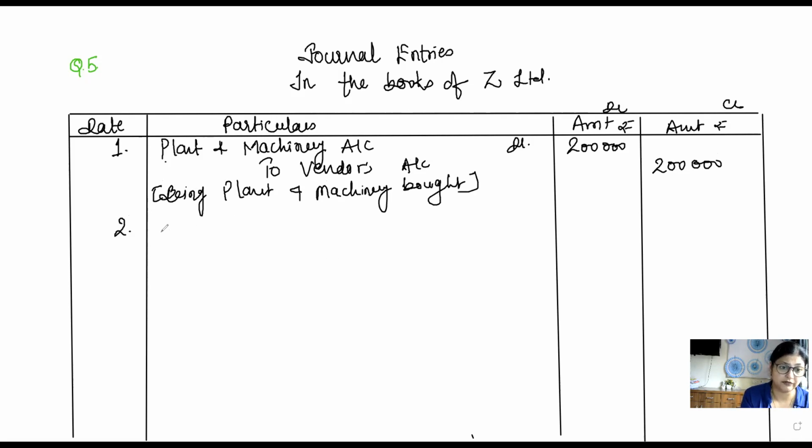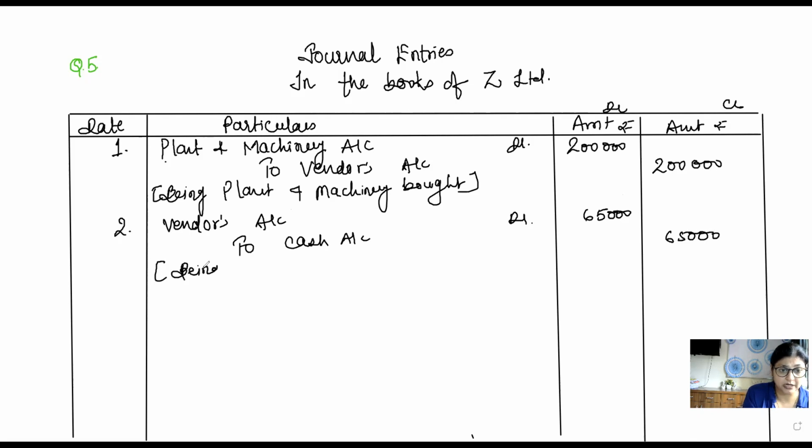In the second entry, we will write vendor's account debit to cash 65,000, the part payment which we have made in cash. Narration for this: being part payment made through cash.